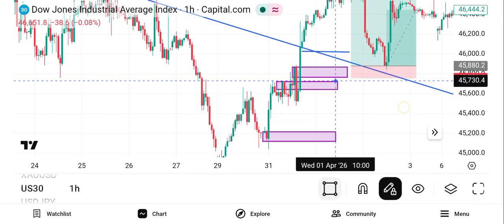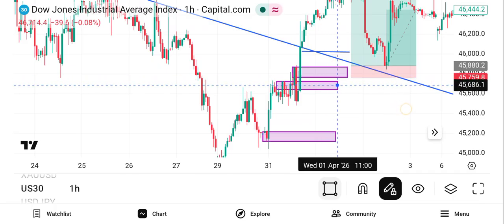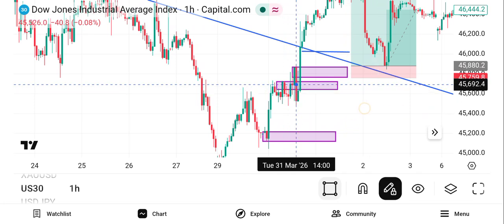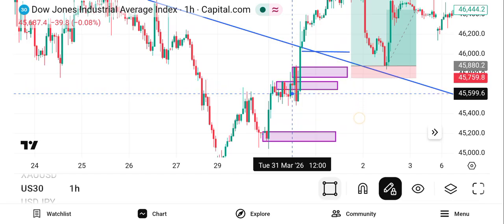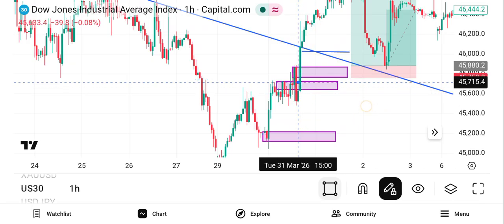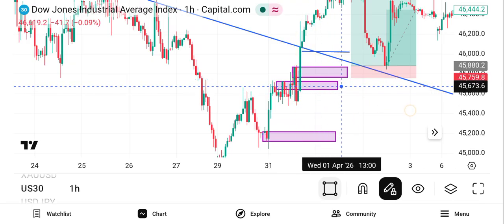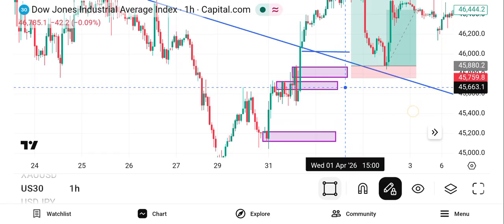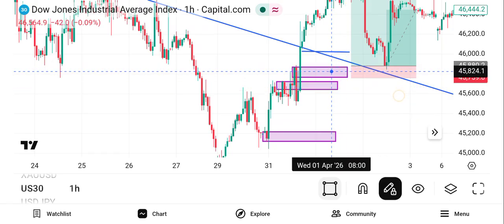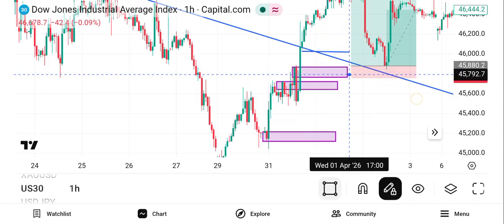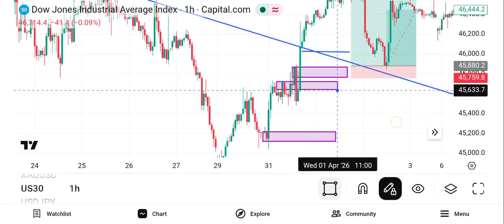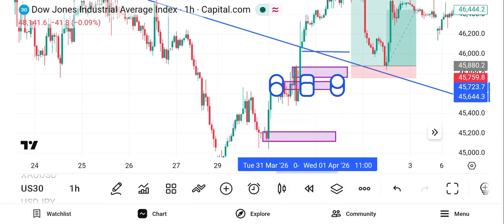Or if not, my supply is supposed to be here, this area here, so that I can cover this candlestick that causes the breaker block. So my stop loss is supposed to be here, and it's going to reduce my risk to reward ratio. So since I know that there's another point of interest here, that is why I put my stop loss here. All right.